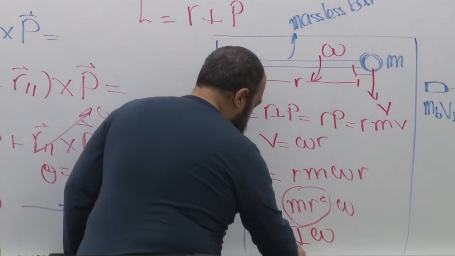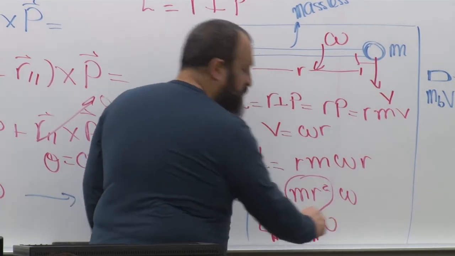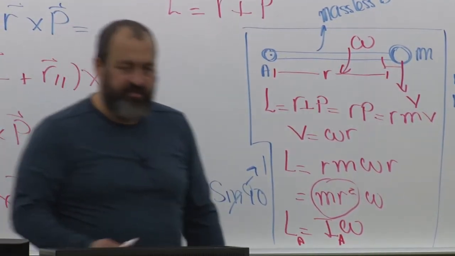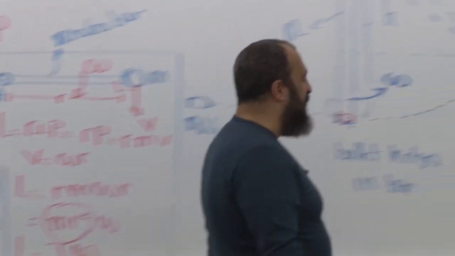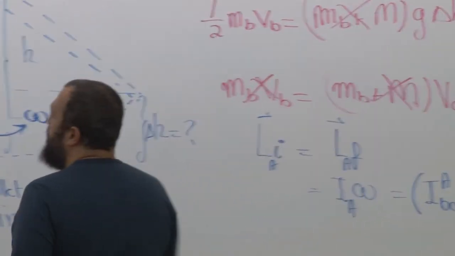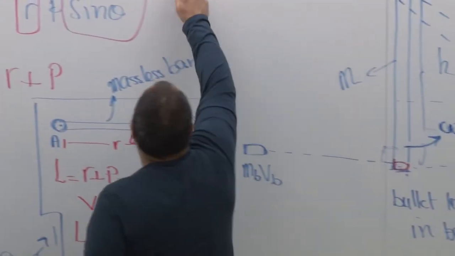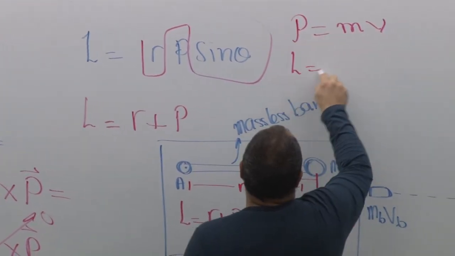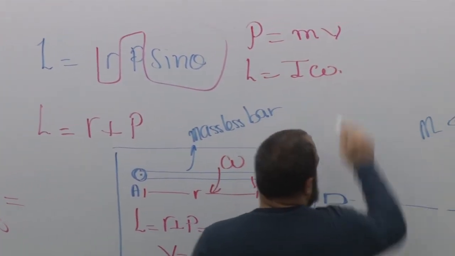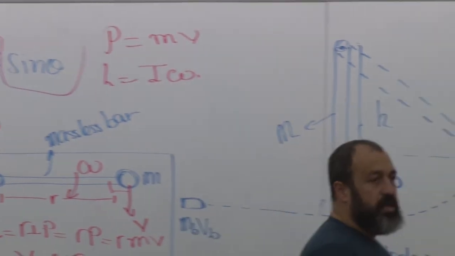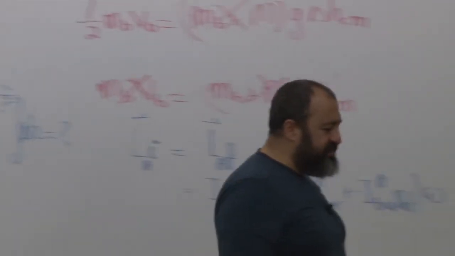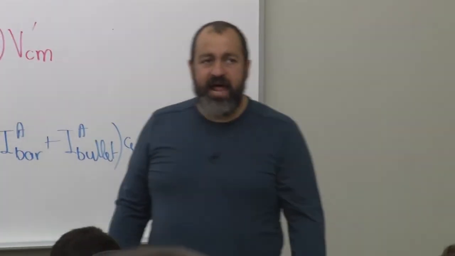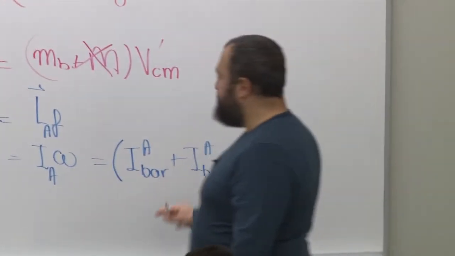So the resulting definition of angular momentum is I omega. We go from P equals mv, to the equivalent in rotation, L is equal to I omega. So thanks for that, Kevin. L is I omega. Fine.